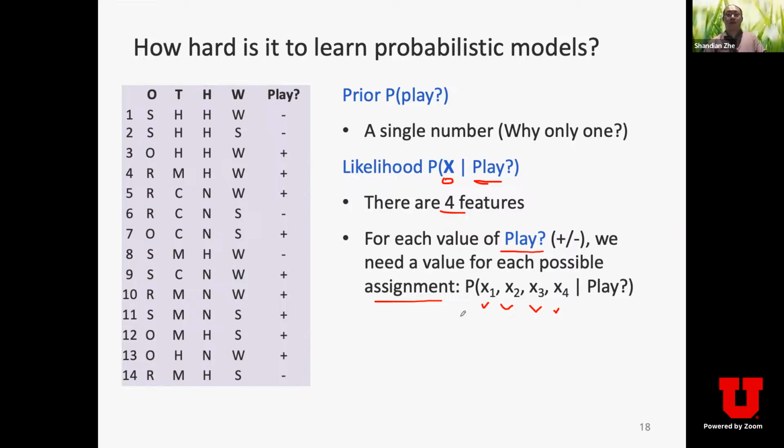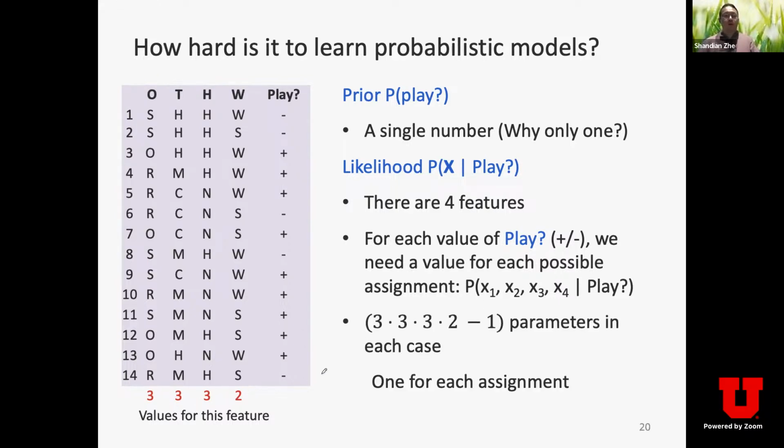We need to just count, right? For the first feature, X1, overcast, we got 3 possible values. For temperature, we got 3. For humidity, we got 3, and for wind, we got 2. So basically, you got 3 times 3 times 3 times 2 possible combinations of the 4 feature values.